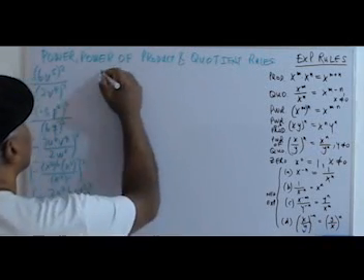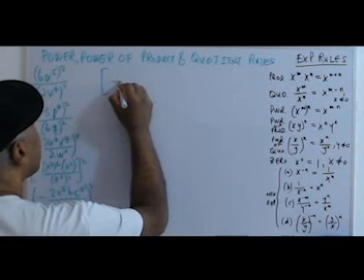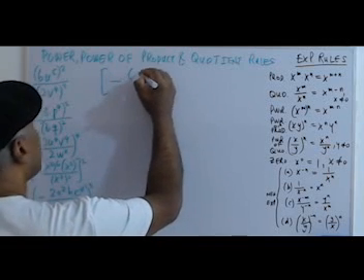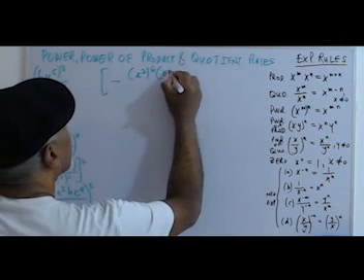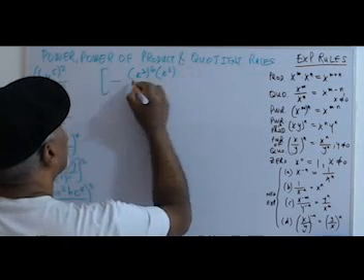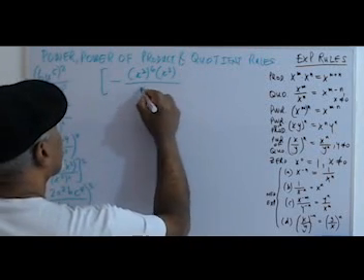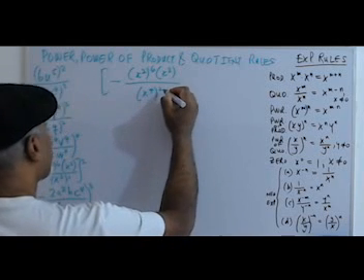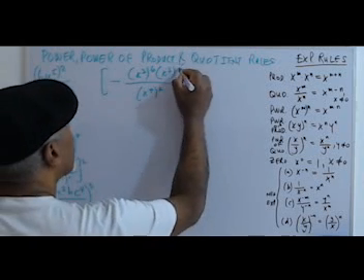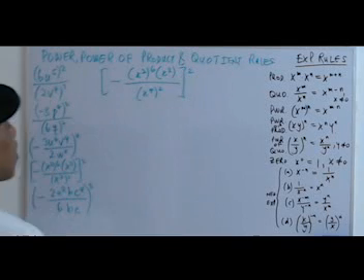Okay, next we have negative of x squared to the 6th, x squared over x to the 7th squared, and all of that is squared.